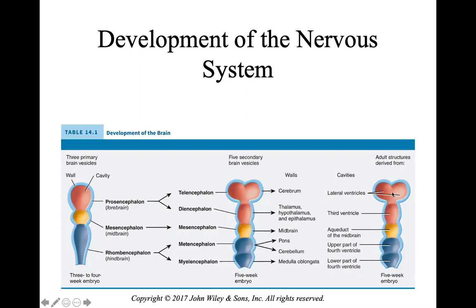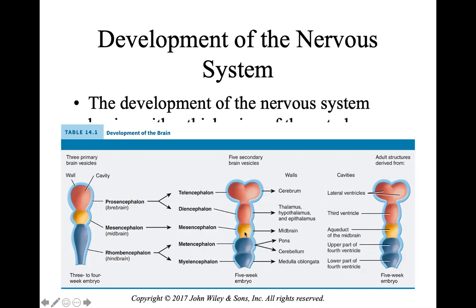And then the cerebrospinal fluid flows into the third ventricle through the cerebral aqueduct of Sylvius into eventually the fourth ventricle. So these are the main parts of the brain that we'll be discussing, some structure and function.